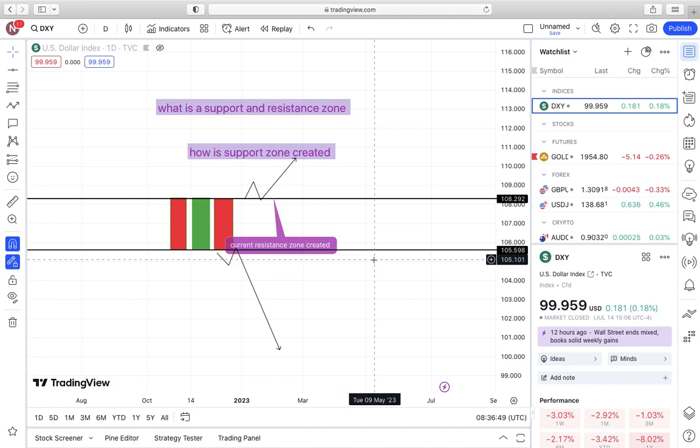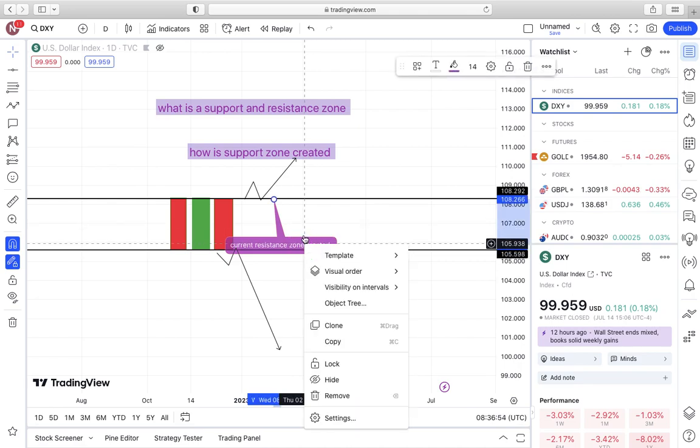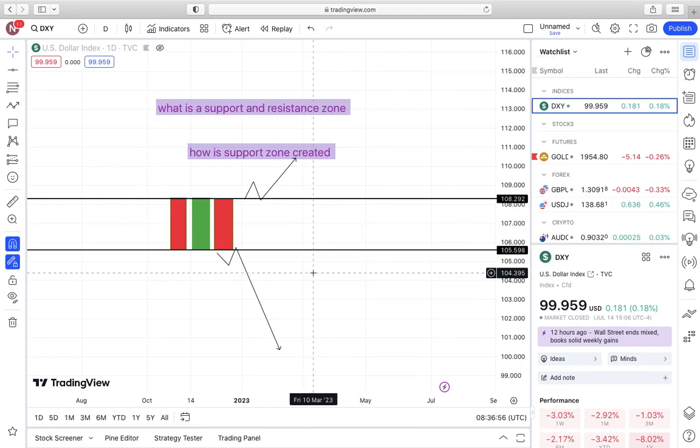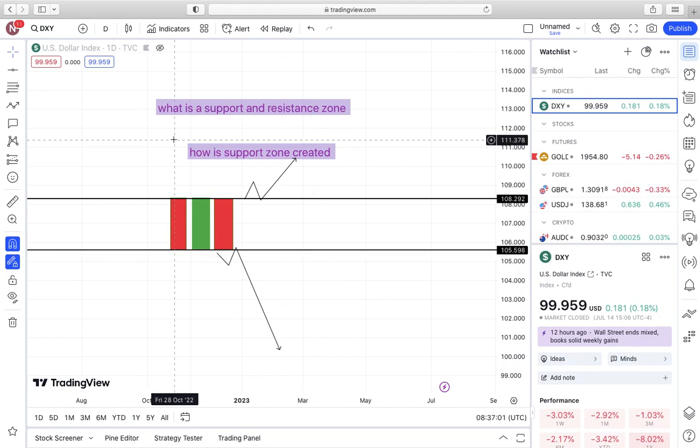Take note. It is simple as that. Current resistance zone. I hope that one is well taken home.